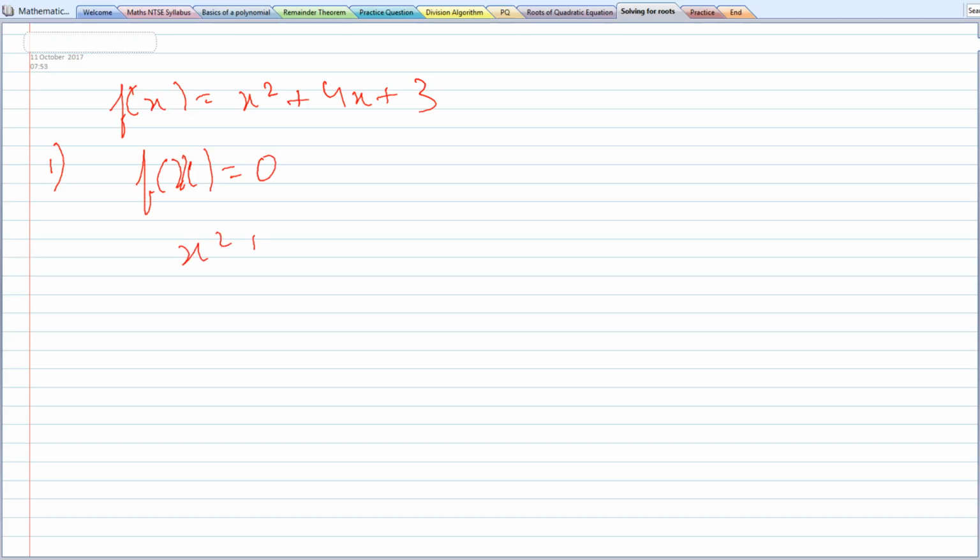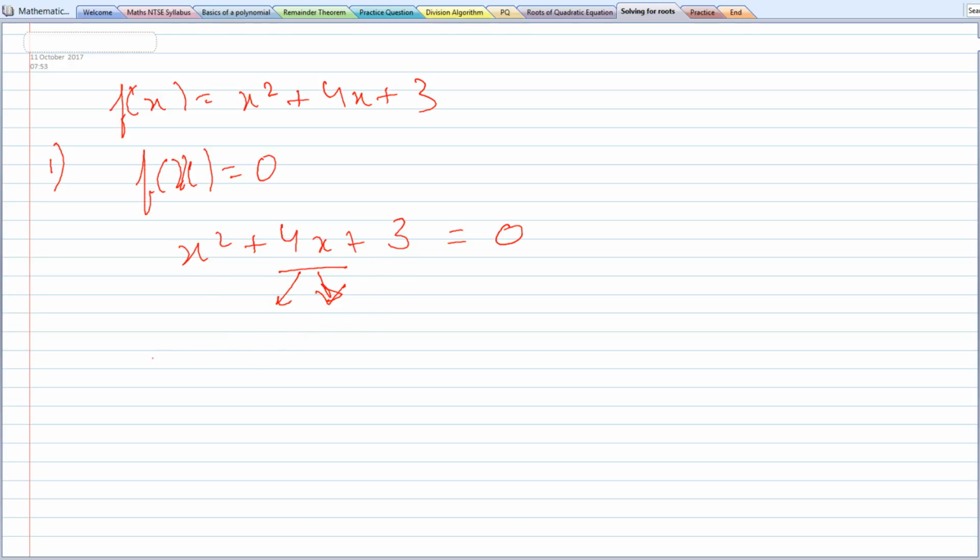What this means is x square plus 4x plus 3 is equal to 0. This method is known as middle term split. What we do is split 4x, the middle term, into two parts such that the coefficients of these two terms multiply to give the value of a into c.